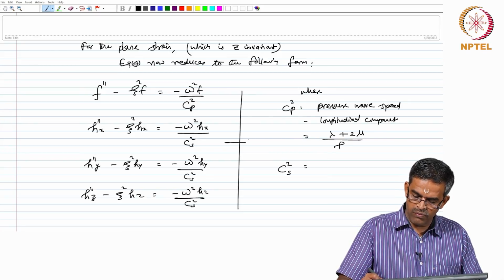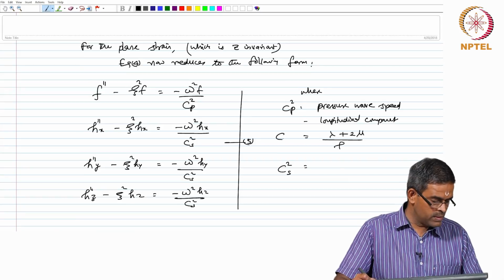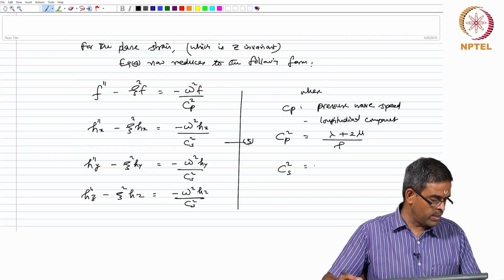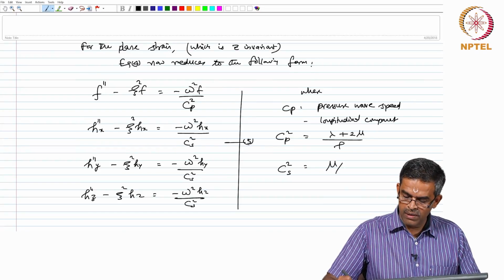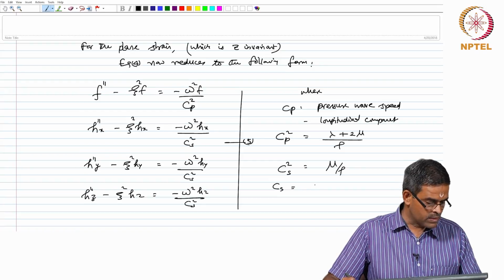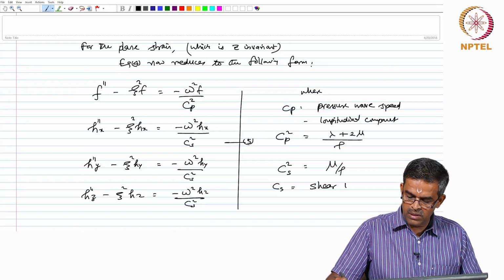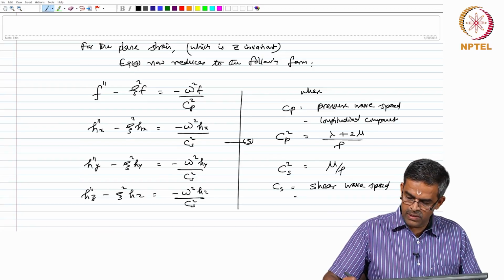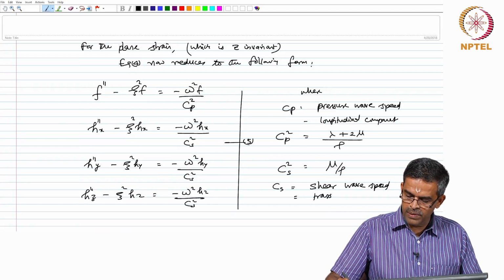This is equation 5. C_s square is given by mu by rho, whereas C_s is called the shear wave speed, and this is the transverse component.